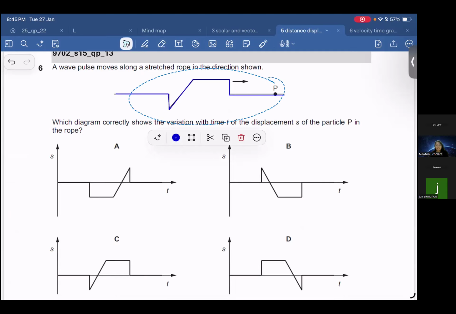Don't know? Guess, try to guess. I'll give you some hints. You look at my screen. I'll show you.